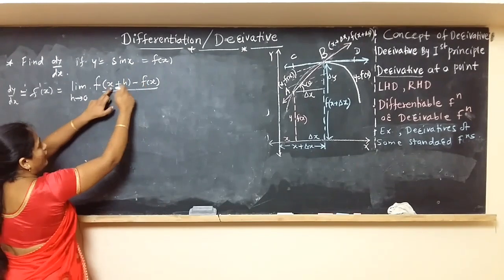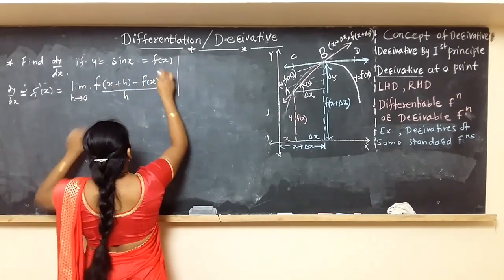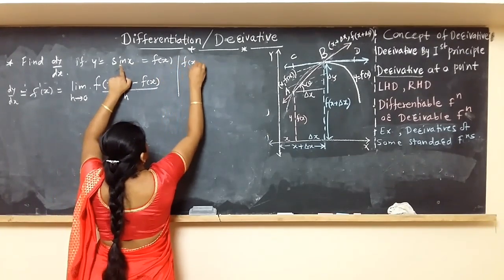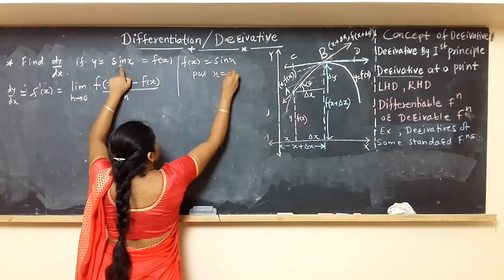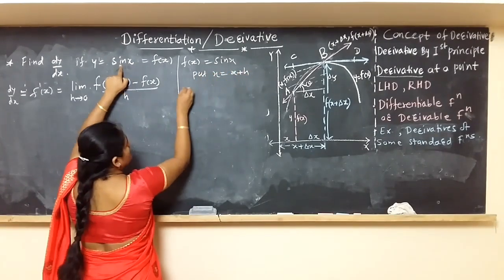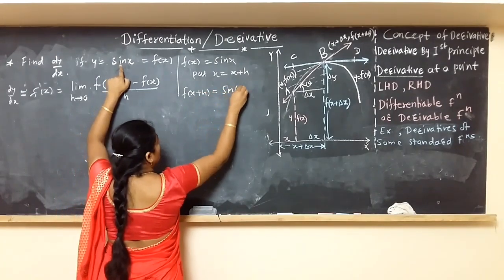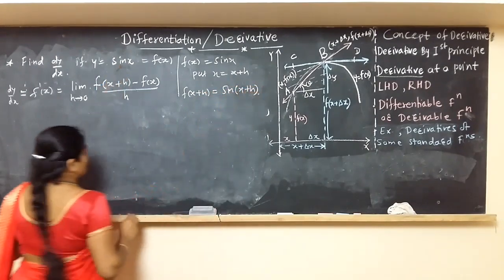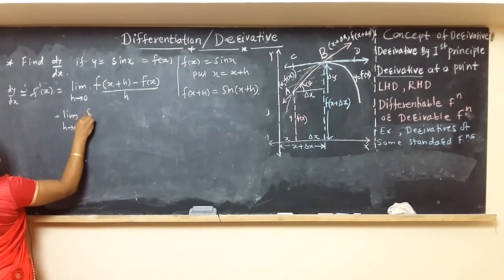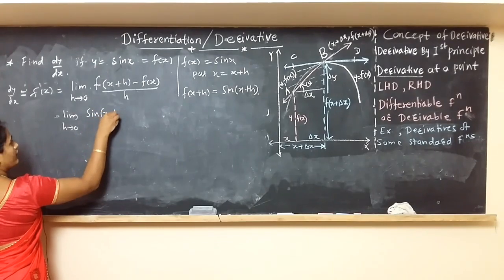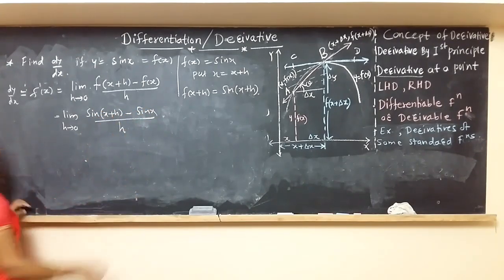So here we find the value of f of x plus h: as fx is equal to sin x, put x is equal to x plus h. So we get f of x plus h as sine of x plus h. The limit h tends to 0, sine of x plus h minus sin x upon h.